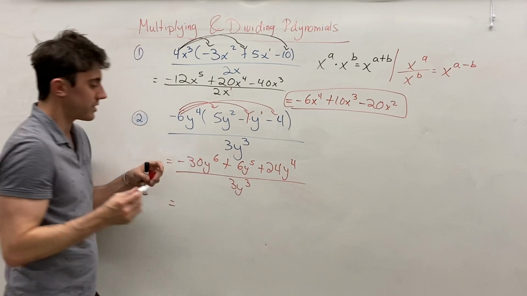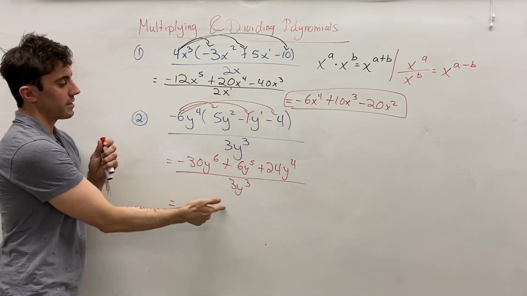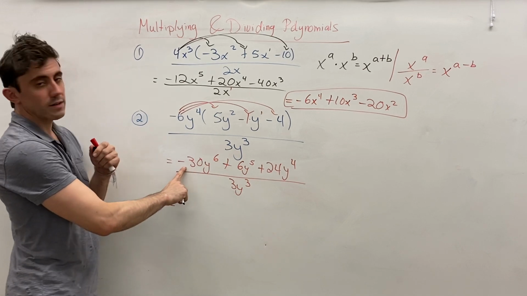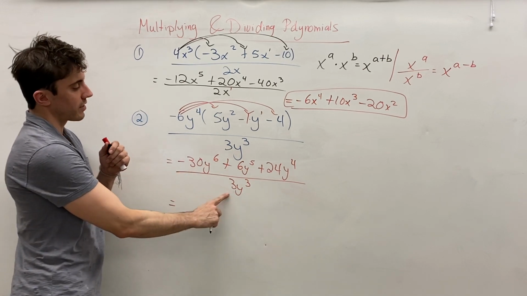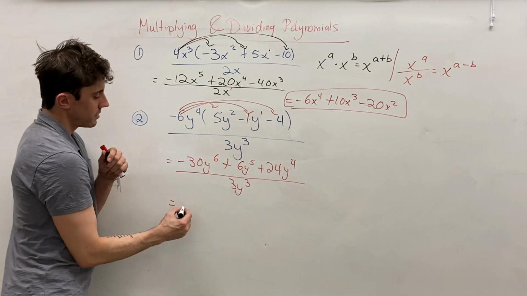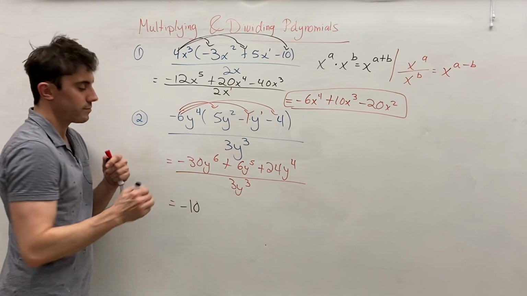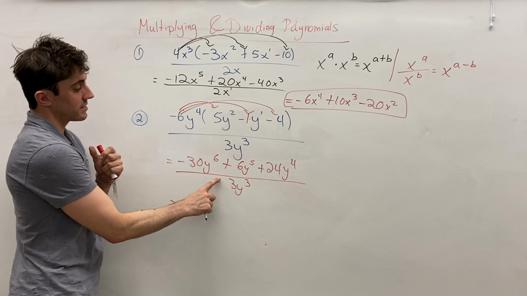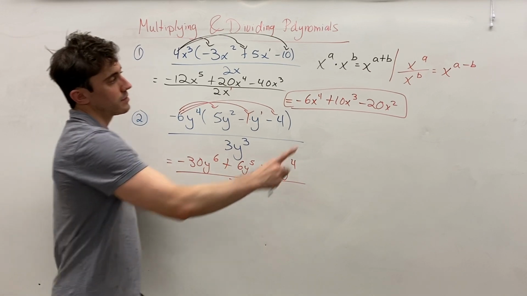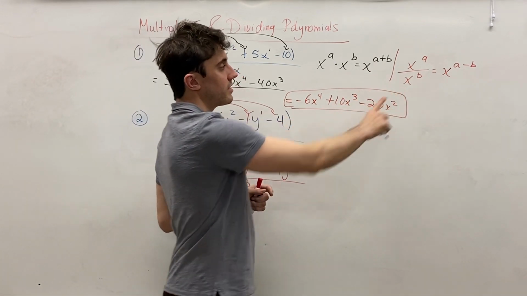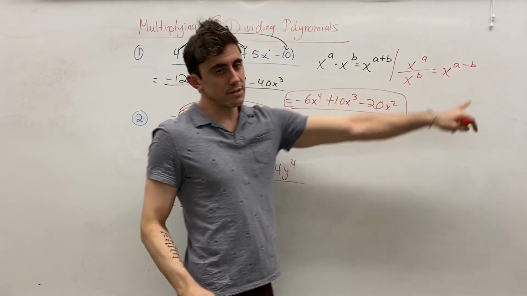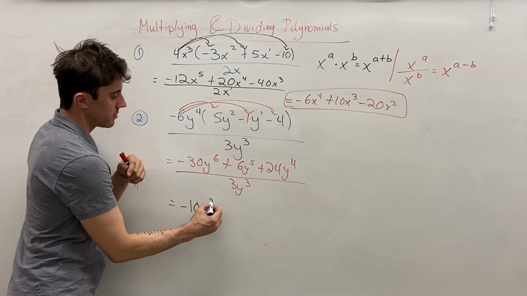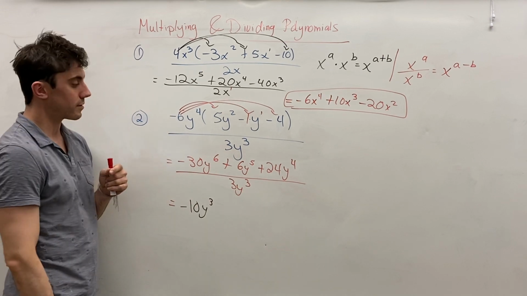And finally, now we can divide through each term by our denominator of 3y cubed, and so going one term at a time, negative 30 divided by positive 3 produces a quotient of negative 10, and y to the 6 divided by y to the 3, using our second exponent rule that we have here, we subtract the exponents, and 6 minus 3 gives us a y cubed term, okay?